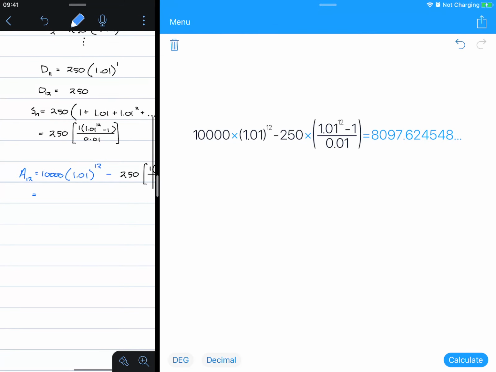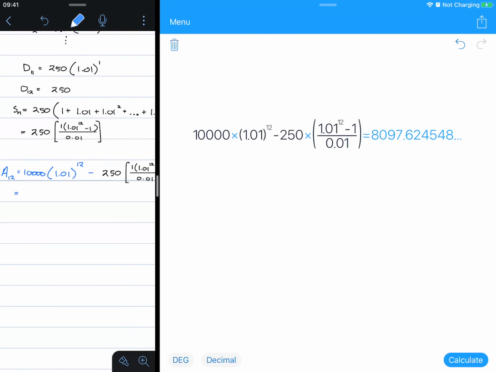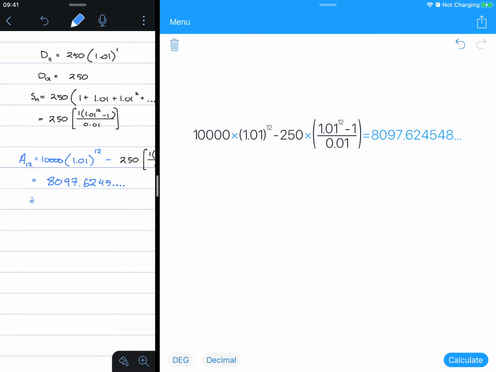So after 1 year, the loan still is owing $8,097.6245, and let's just round that off to approximately $8,098.